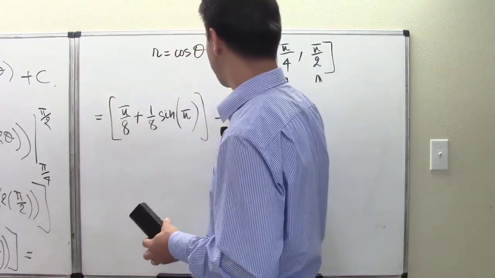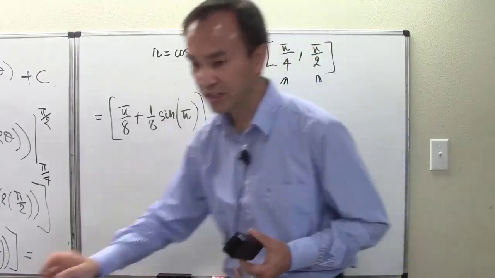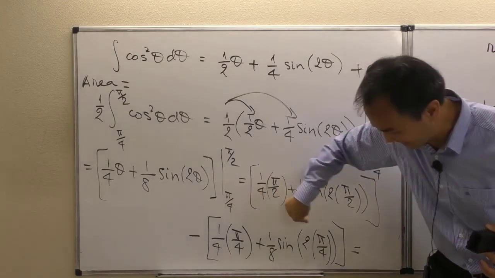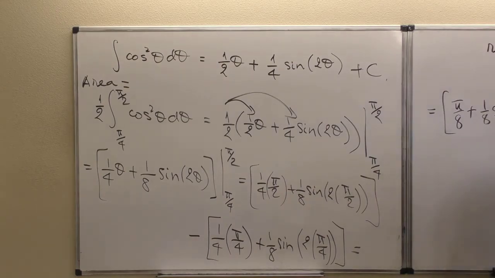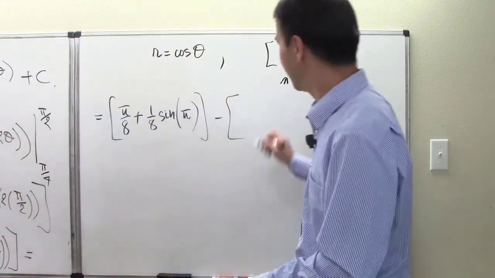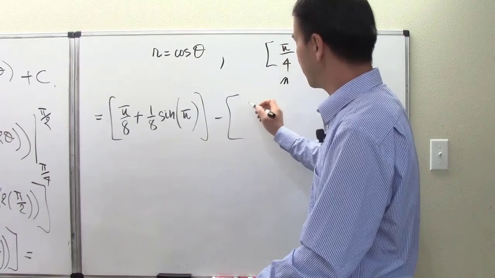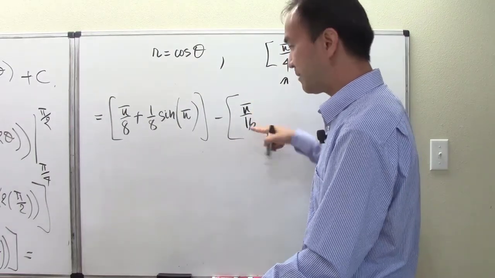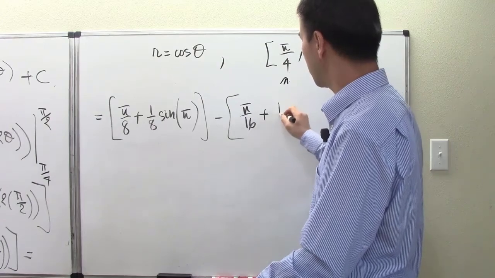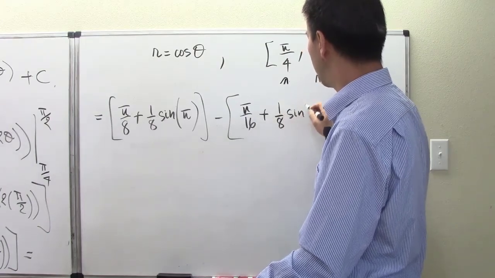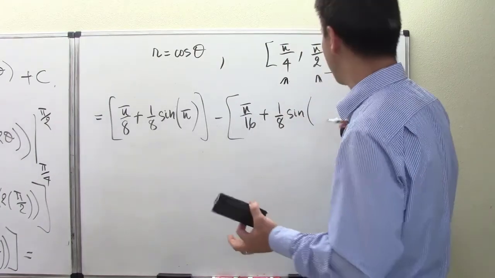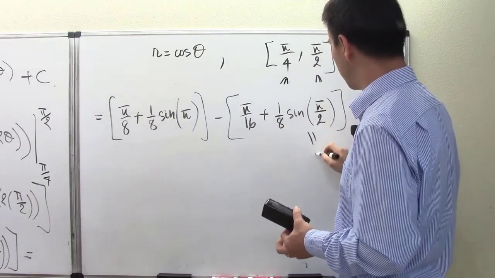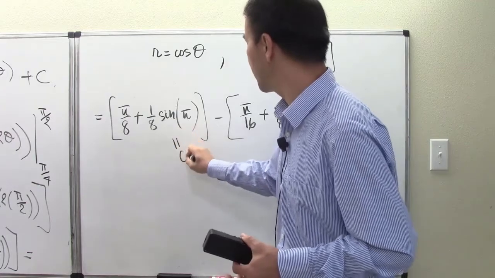Then I'm going to subtract, moving in careful steps. With this part, 1/4 times pi over 4 is pi over 16, and I still keep things in the brackets, plus 1/8 times sine of 2 times pi over 4, which is pi over 2. This sine is going to be a 1, and the other is 0.